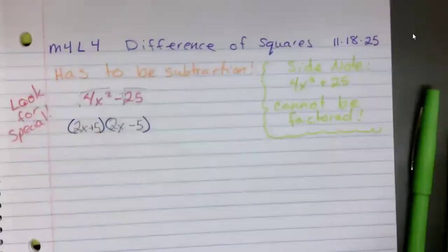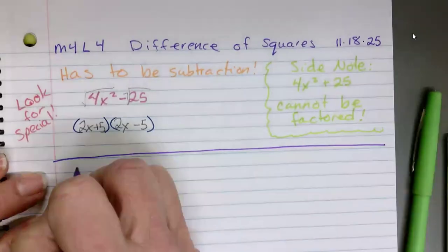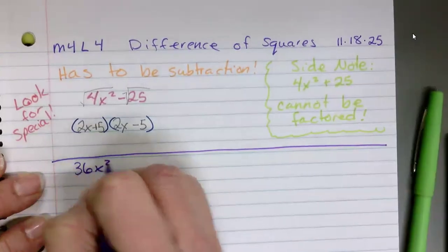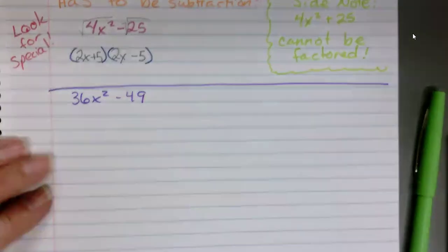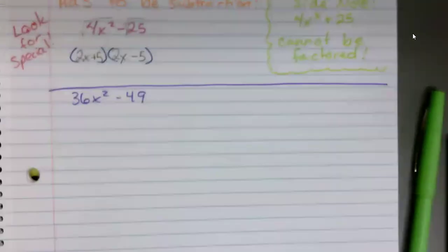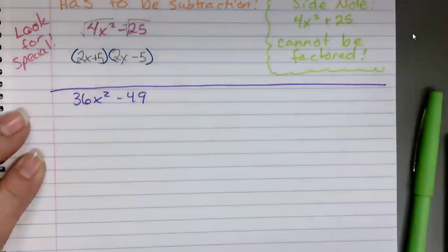Let's do another. What if we have 36x squared minus 49? We start by putting it in standard form. Boom, it already is. Next, we see if we can take anything out, right?